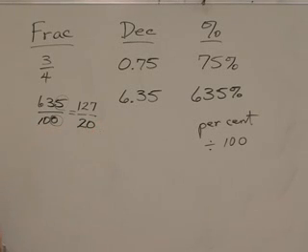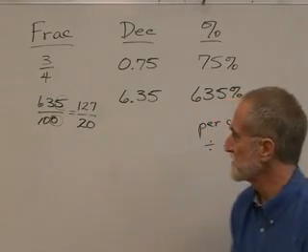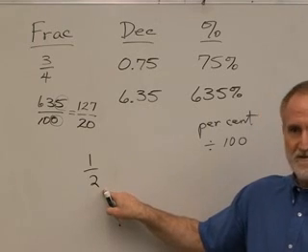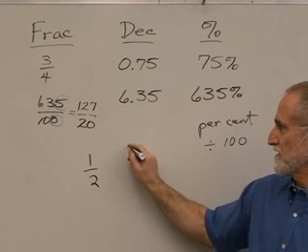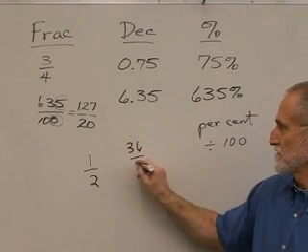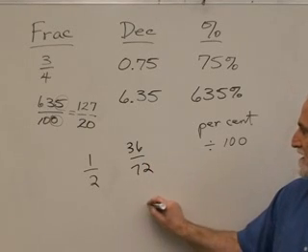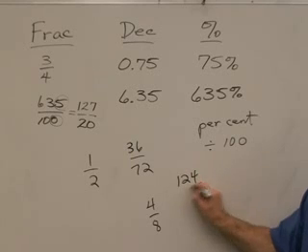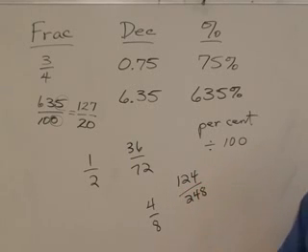Why do we reduce fractions? Well, there's a real practical reason. What if you got this answer and someone else in the class got this answer, and someone else got this answer, and someone else got this answer? It would look like we all got different answers. But they're really all the same, aren't they?